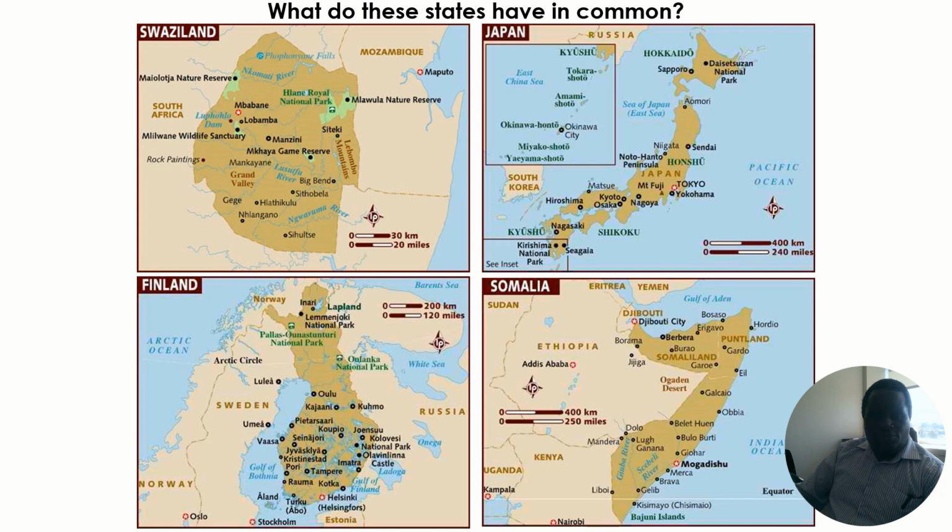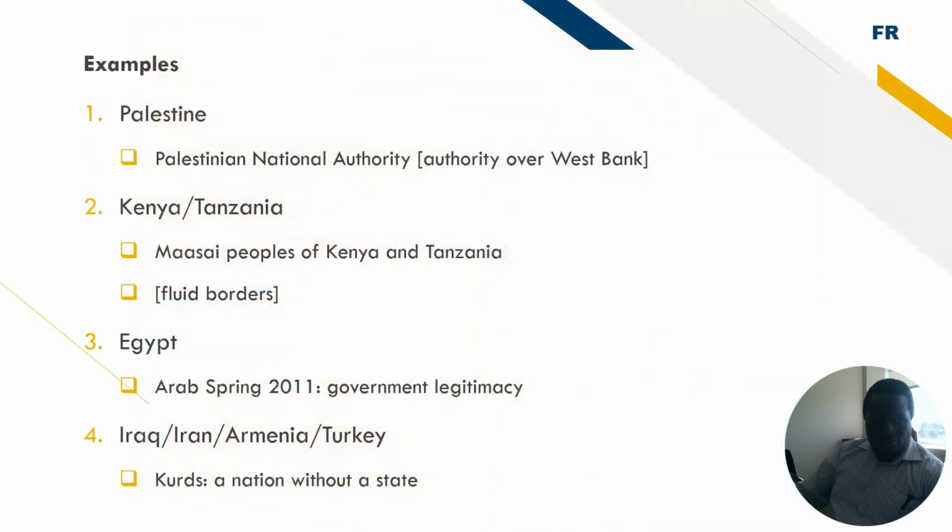The first set of countries, let's call them countries, are what would be called states. And this is a set of nation states. So the nation occupies the same borders as the state, even though Somalia has populations that are resident in Kenya and in Djibouti and Ethiopia. And so the United States, Canada, Iraq, and Tanzania are examples of states. Swaziland, Eswatini, Japan, Finland, and Somalia are examples of nation states.